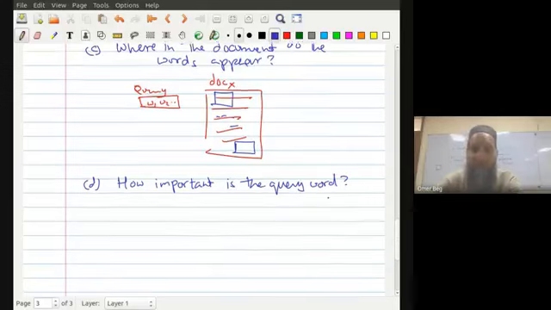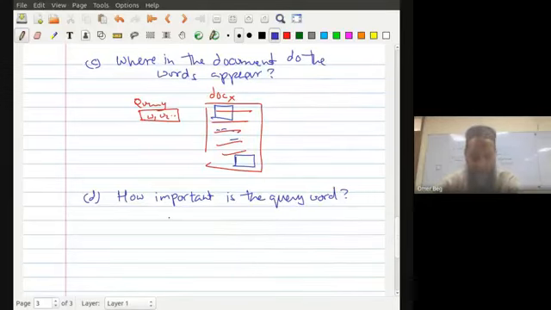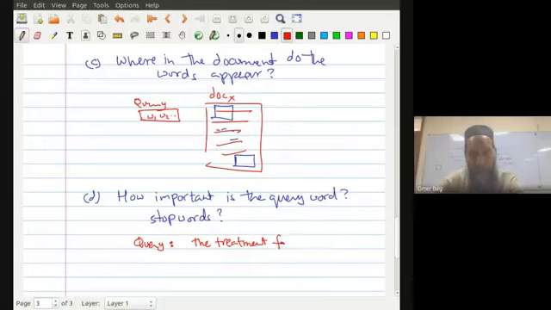Now, the more difficult question to solve is how important is the query word. Should we even be searching for this query word in the document? Because there are some words called stop words. So in the query, for example, you have the treatment for COVID.